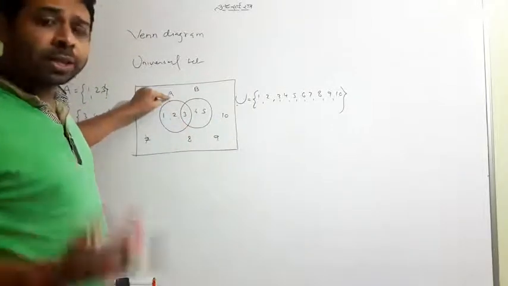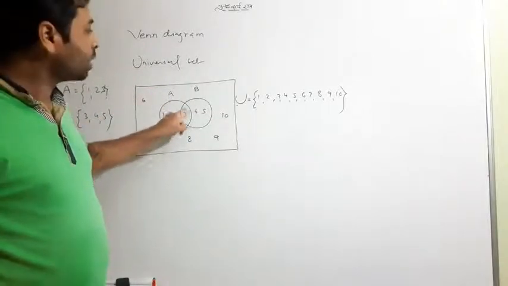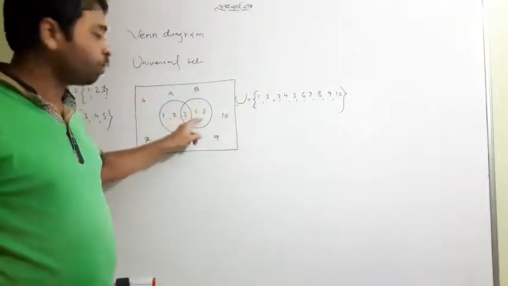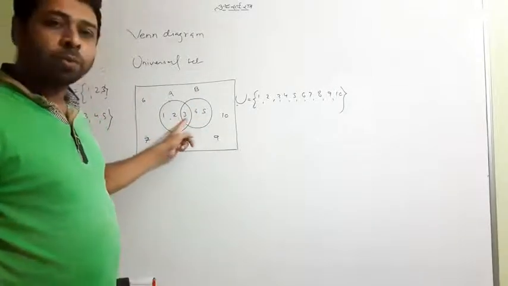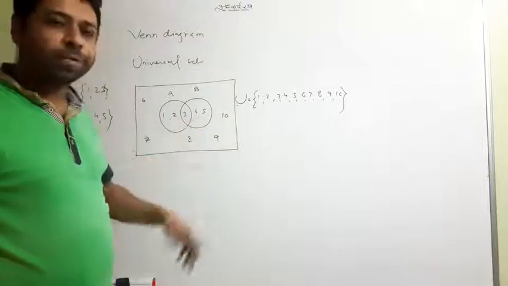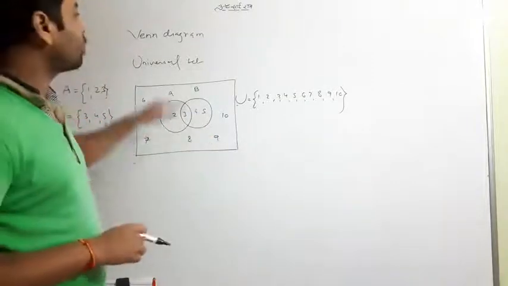If I ask you the elements of A, you can say it is 1, 2, 3. The elements of B are 3, 4, 5. The common element in both is 3. What is uncommon? 1, 2 and 4, 5. This kind of picture is called a Venn diagram.